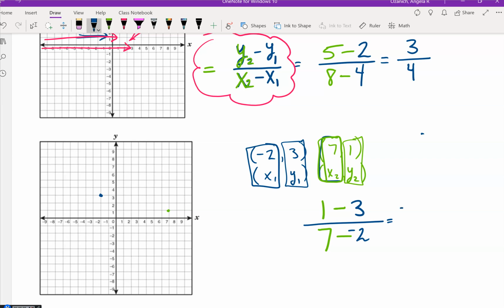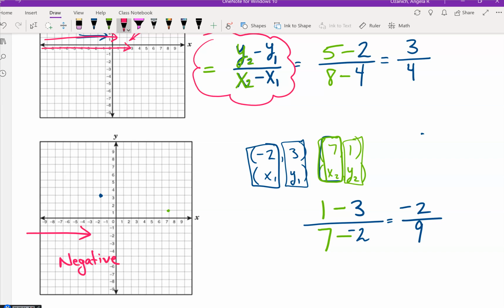1 minus 3 is going to be -2 in my numerator. 7 minus a -2, when I subtract my negative, remember that's going to be the same as adding a positive. So this is actually going to be -2/9. And this is my slope, and this means that as I travel from left to right, because my slope is negative, I should be going down from left to right.